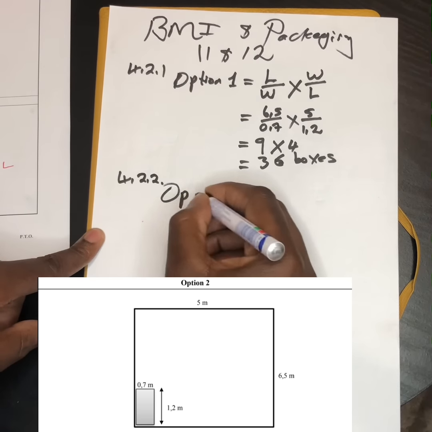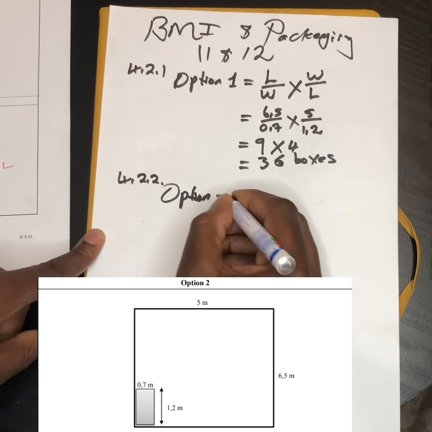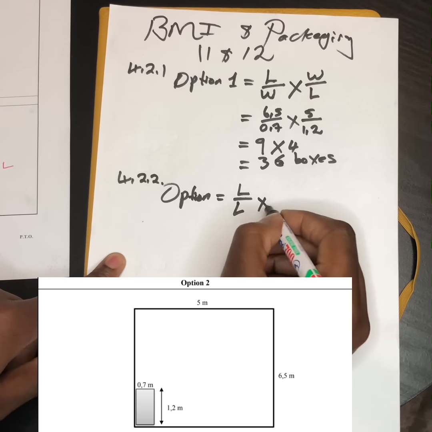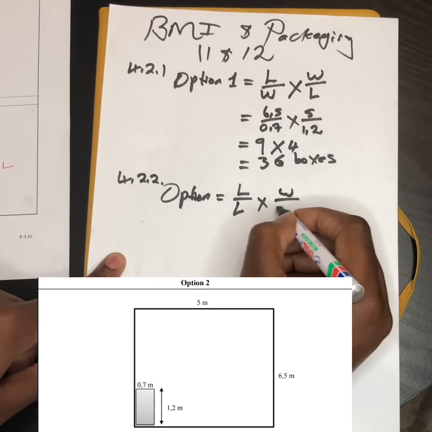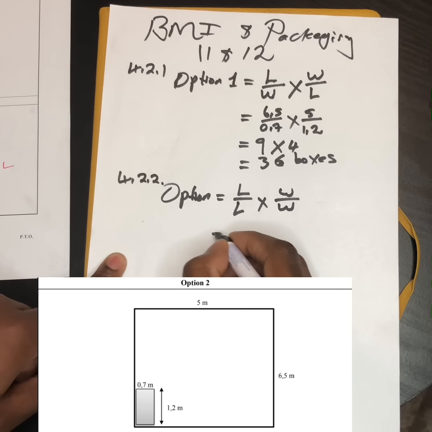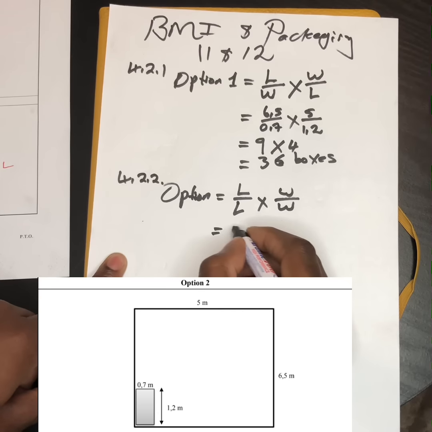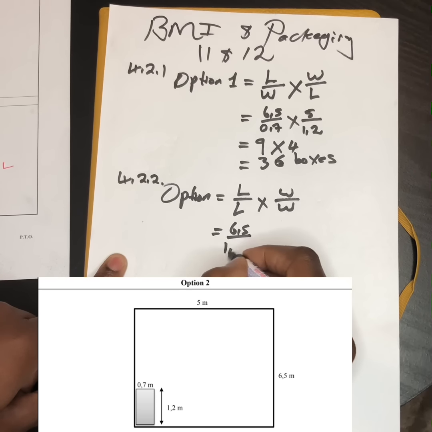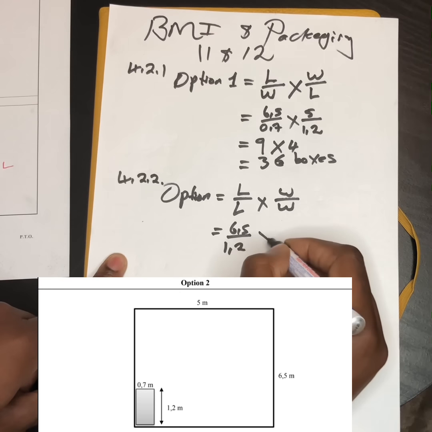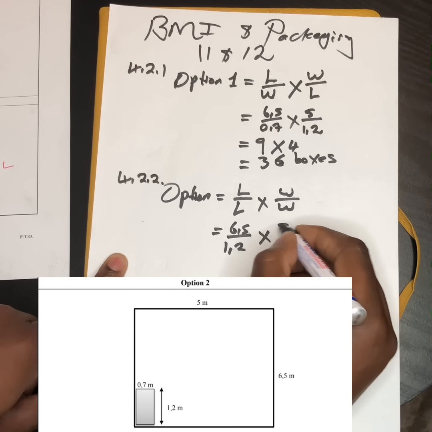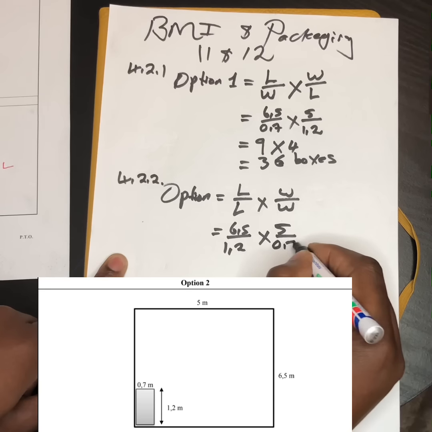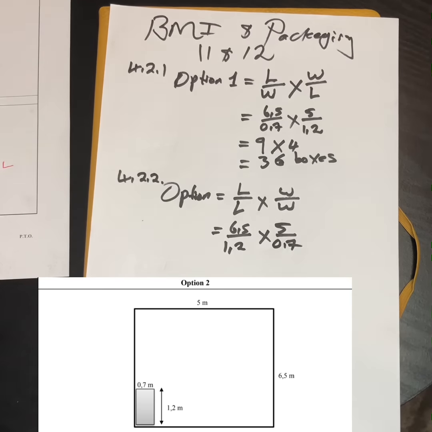Then option 2, if you look at option 2, we're having length multiply by width. So the length of a room is 6,5. The length of a packaging box is 1,2. Multiply by the width of a room, which is 5, divide by the width of a box, 0,7.